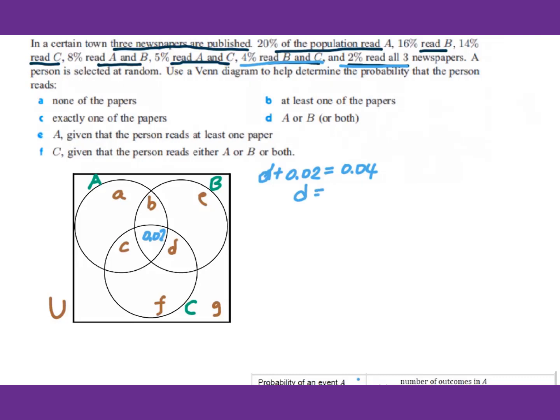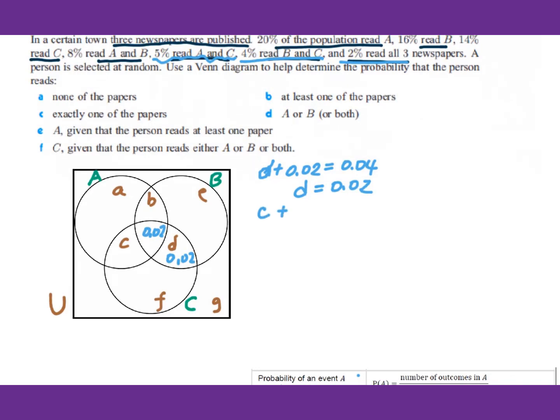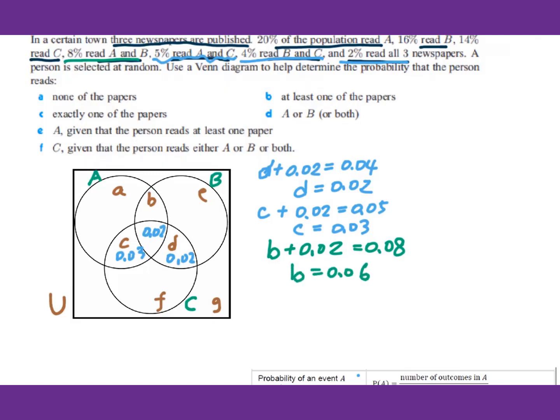Therefore, D equals 0.02. 5% read A and C, which means C plus 0.02 equals 0.05. So C equals 0.03. From here, 8% read A and B. We could say B plus 0.02 equals 0.08. Therefore, B equals 0.06.